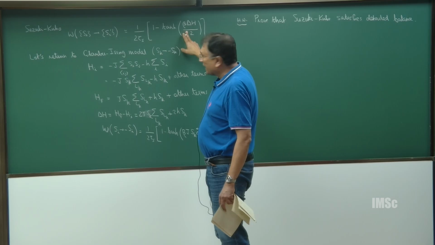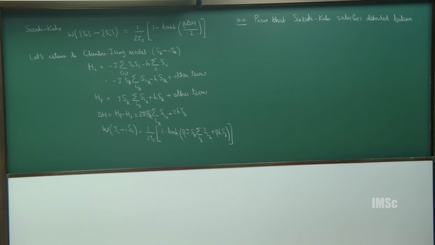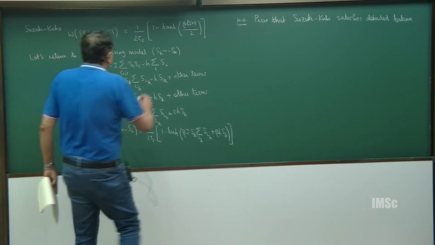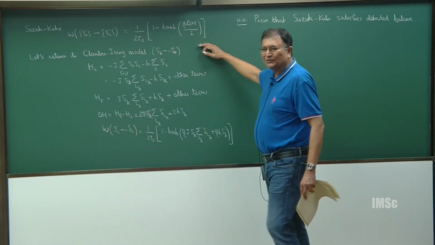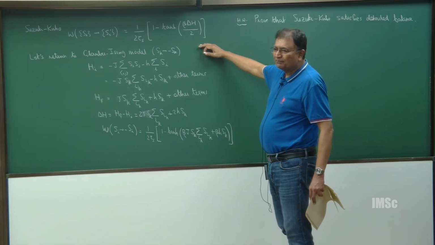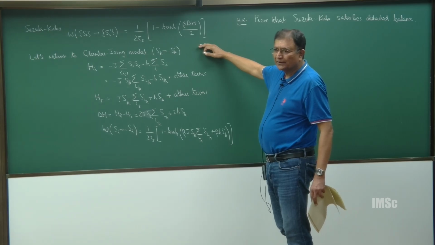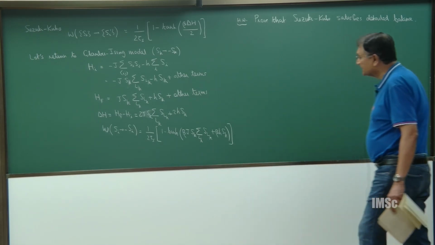Probably you can't have forms which don't involve delta H. Delta H is necessary, but there are different functions available. If you just do a Google search or ask ChatGPT, they'll list many functions. This is one of the very commonly used ones. But I emphasize that regardless of what transition probability you use, you will after coarse graining end up with the same partial differential equation, the time dependent Ginzburg-Landau equation. Okay? So that I want to emphasize.